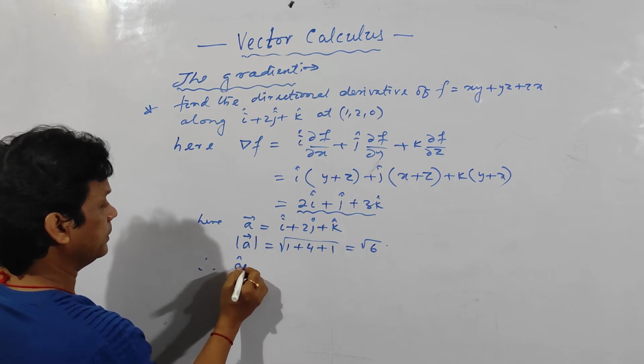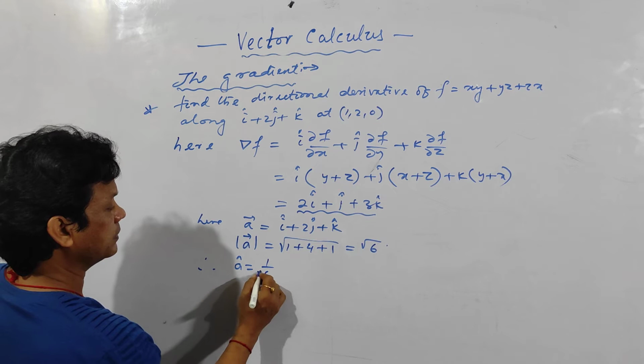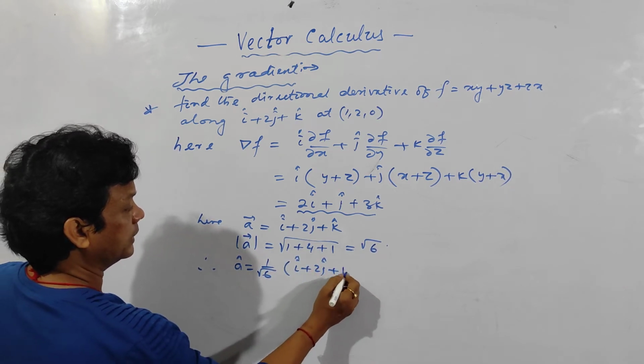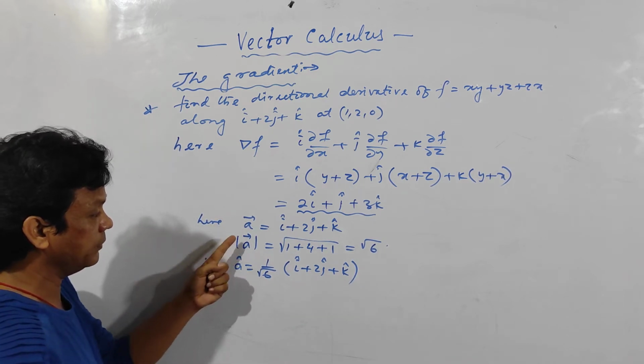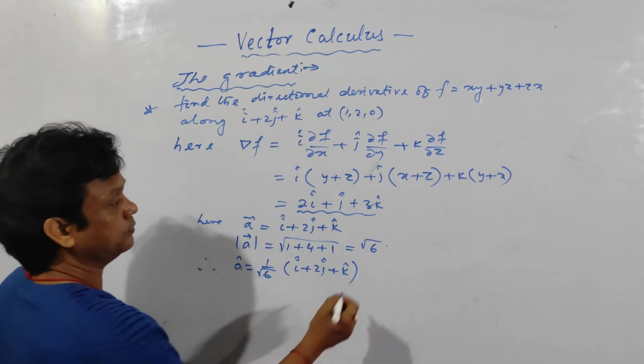Therefore a cap = a vector by a vector mod = (1/root 6)(i + 2j + k), because the formula for a cap is a vector by its magnitude. Clear? So this is your a cap.